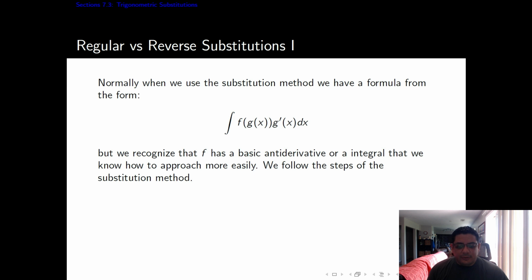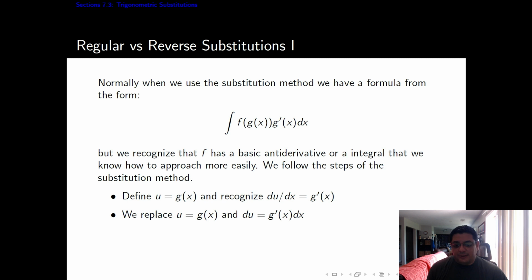But once we recognize that f has that basic antiderivative, and we know how to approach the antiderivative of f more easily, then we follow the substitution method steps. We define u as g of x, and then the derivative of u with respect to x is going to be g prime of x, so du is going to be g prime of x dx.